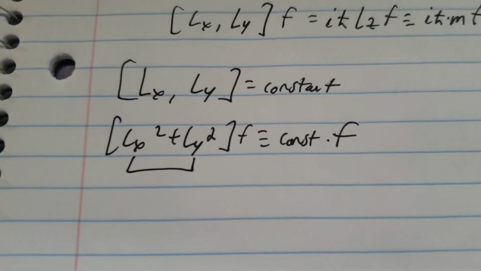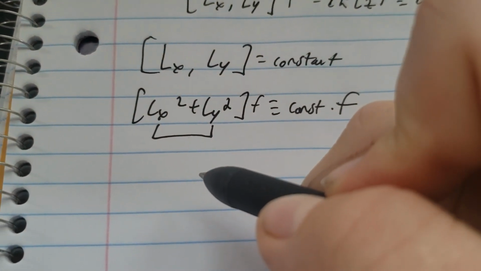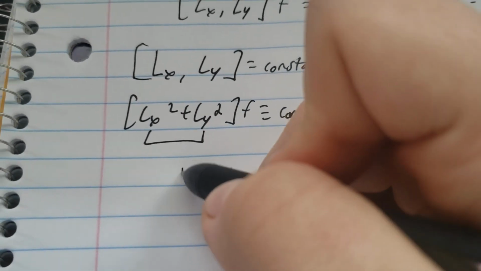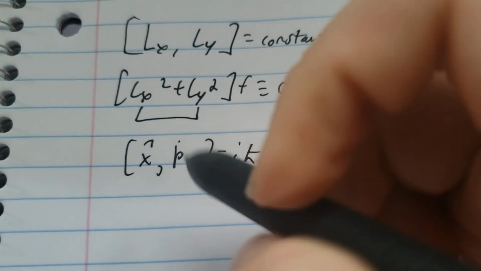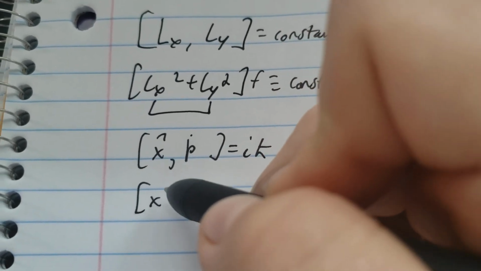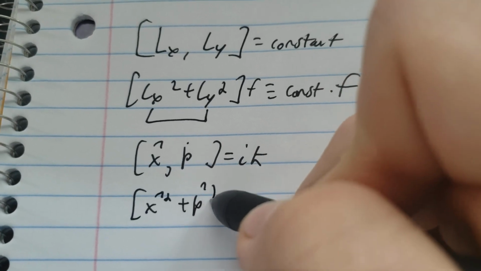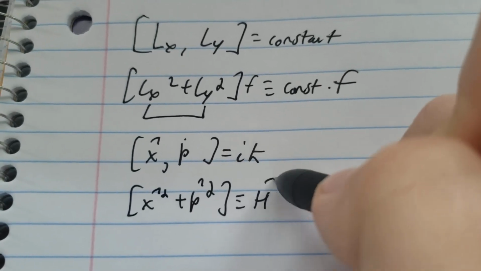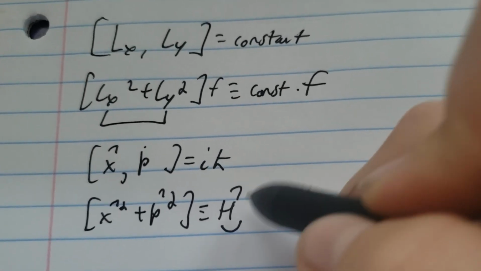This is very similar structurally to our harmonic oscillator problem, where we had the 1D position and momentum operators, x with p equals a constant, and omitting factors, the sum of their squares was the Hamiltonian, of which we wanted our state to be an eigenstate.